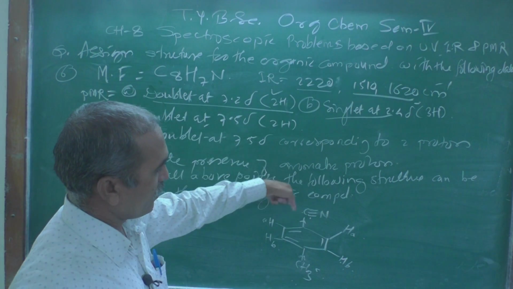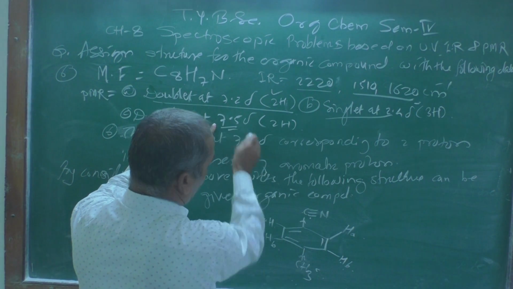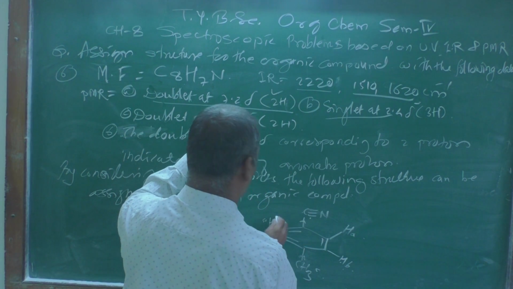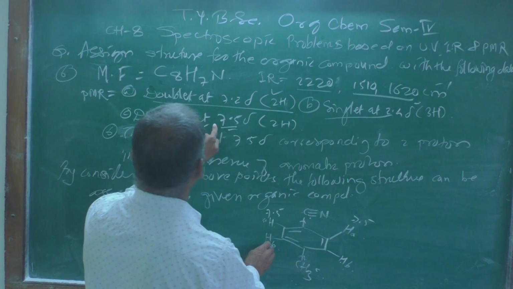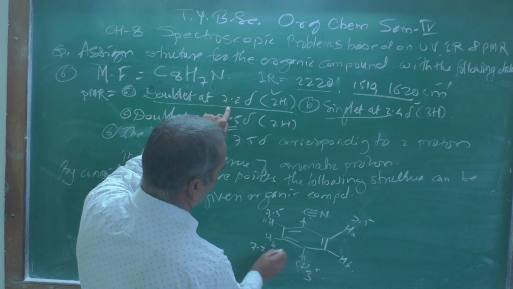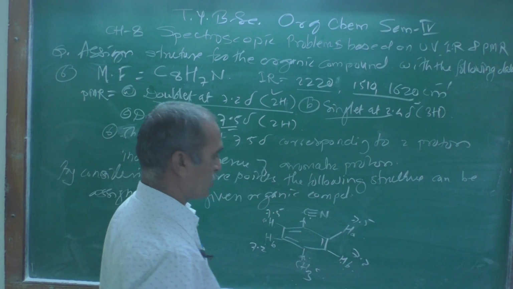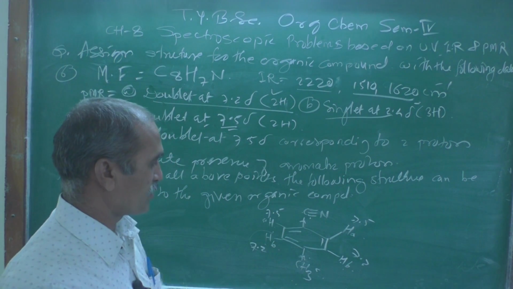The 7.5 is more deshielded, nearer to the electron withdrawing group. These two are 7.2 because they are nearer to the electron donating group, so they are slightly shielded compared to this one.